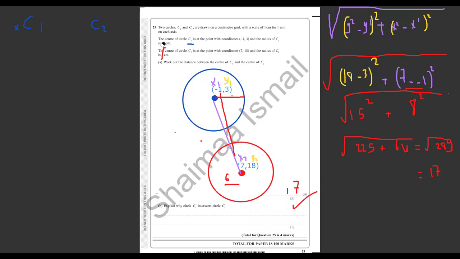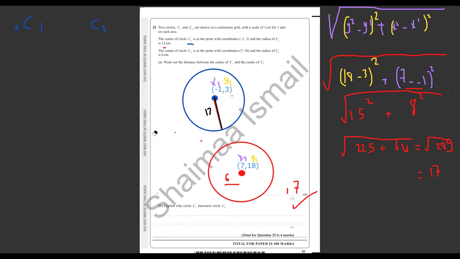Here he gave you a radius of 13 centimeters. If we move 13 centimeters and reach here, to complete the 17 we need just 4 centimeters. So the radius would have to be 4, but actually the radius of C2 here is equal to 6, not 4.